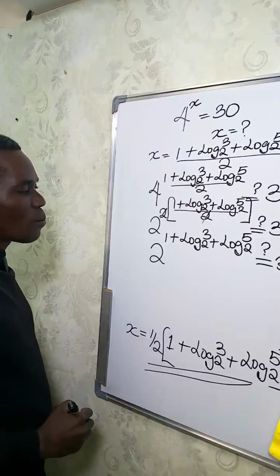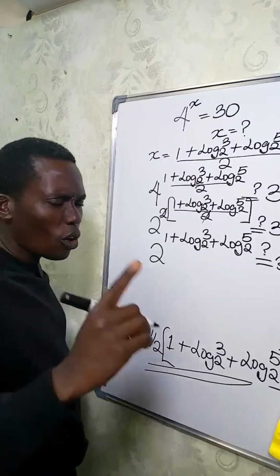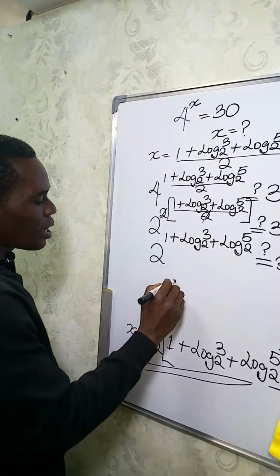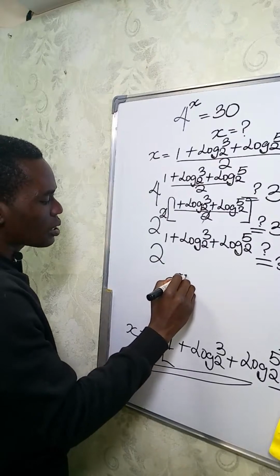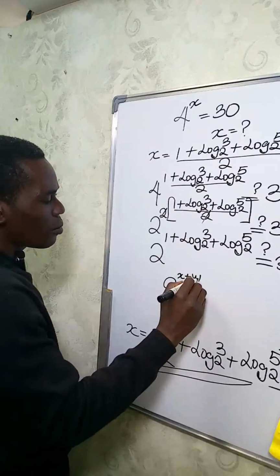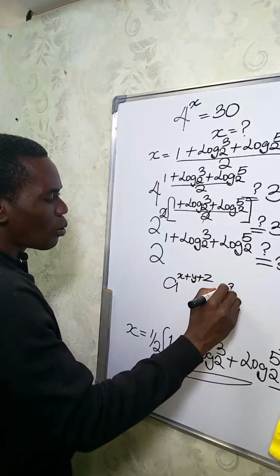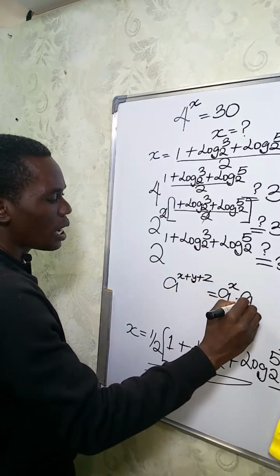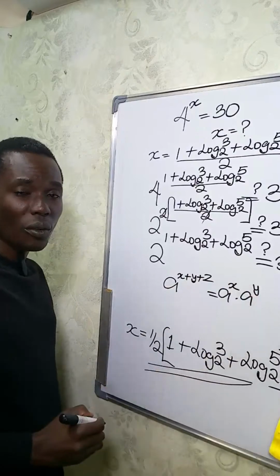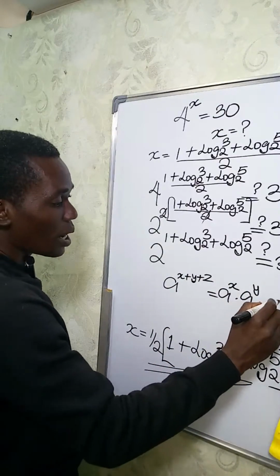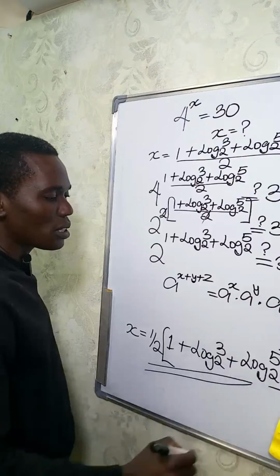Let's find out. Now remember one law of indices. If I have a to the power of x plus y plus z, this can simply be equal to a to the power of x multiplied by a to the power of y, multiplied by a to the power of z.